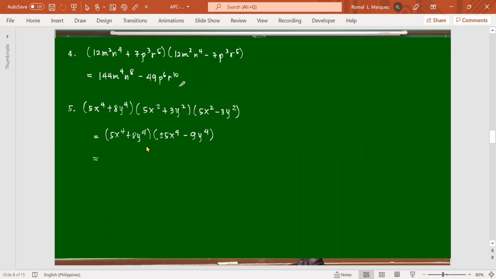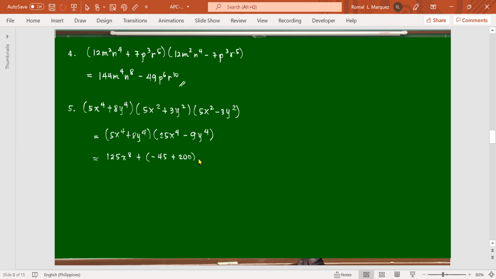Product of binomials using FOIL. What is 5 times 25? 125. So 125 x to the 8 plus outer: negative 45 plus 8 times 25, that is 200, right?